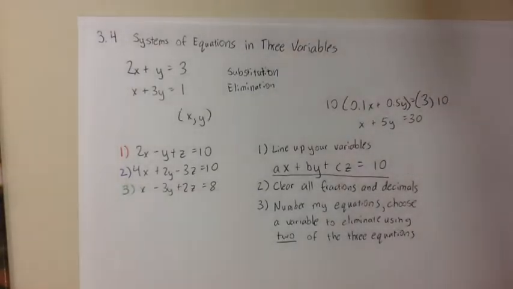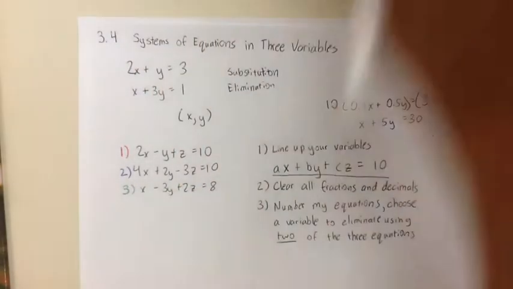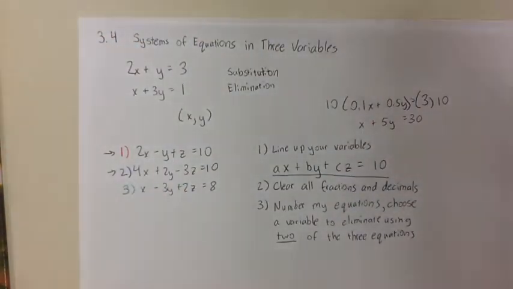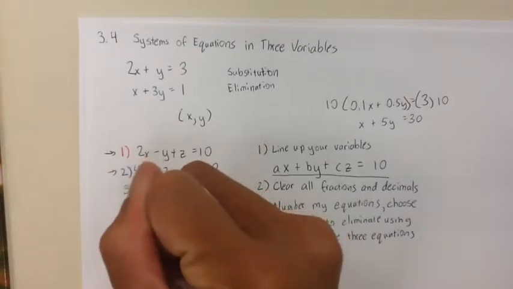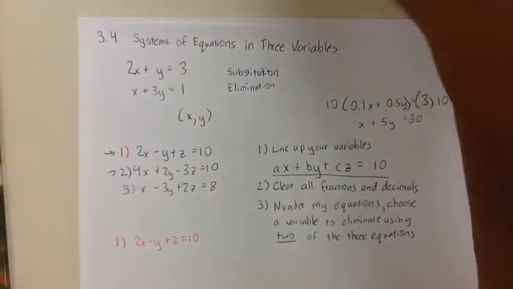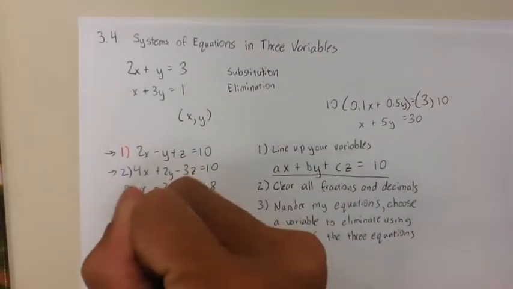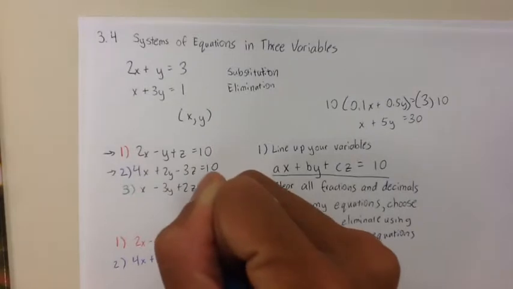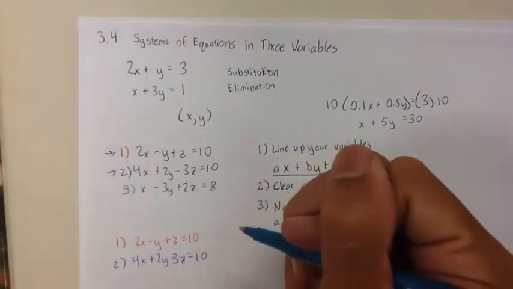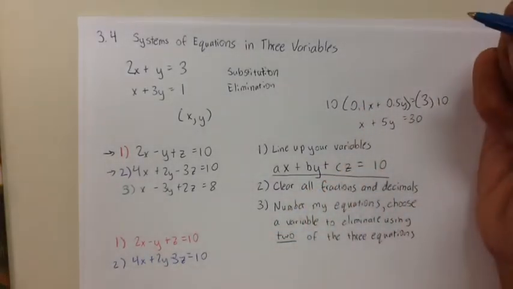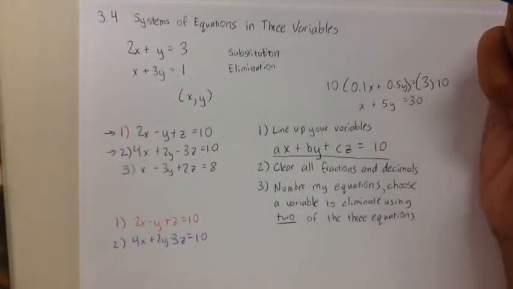So just for the sake of numerical order, I'm going to choose equation number 1 and equation number 2. Equation number 1 is 2x minus y plus z equals 10. Equation number 2 is 4x plus 2y minus 3z equals 10. And I want to eliminate one of those variables. What's easiest to do?